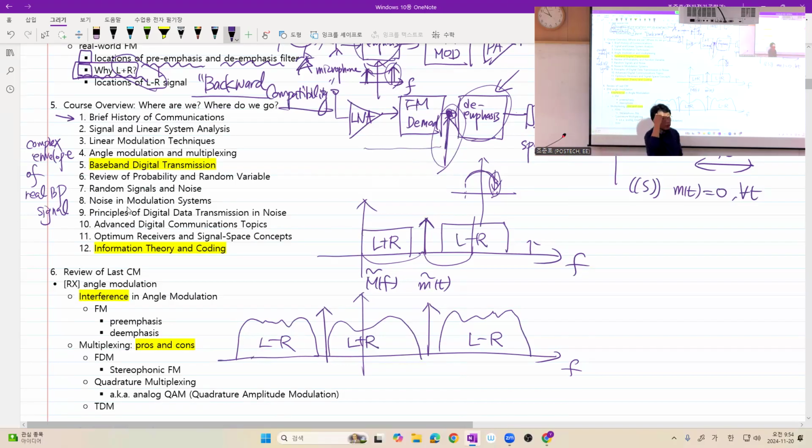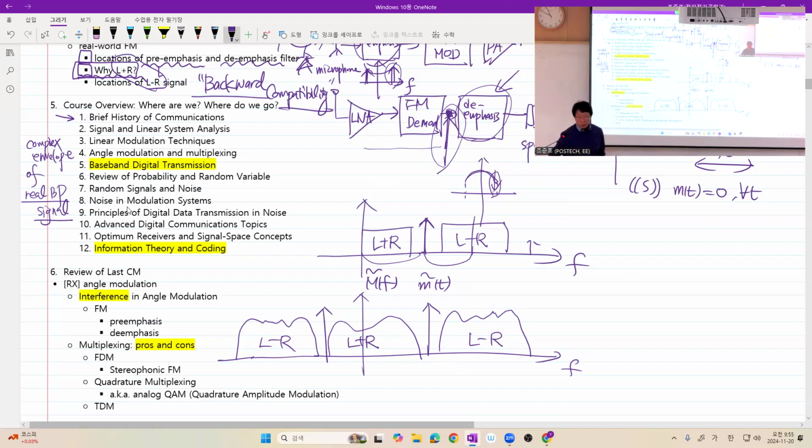So this theme will appear again and again, not only as you've seen in the midterm exam, but also in quiz 2 and the final exam. Because I believe understanding the complex envelope of a real bandpass signal is the key, the core, the essence of this course. And then you may easily build on the analog part and also the digital part.